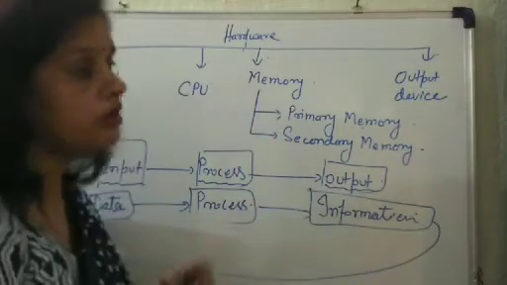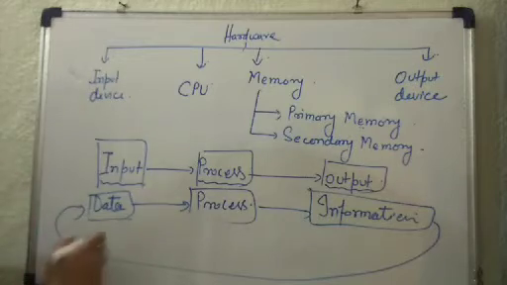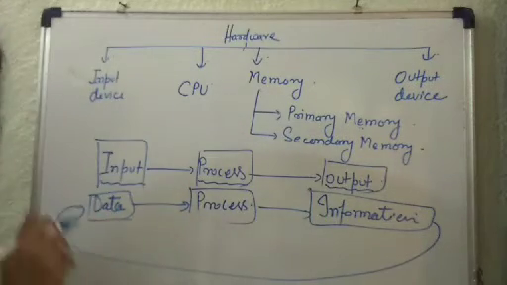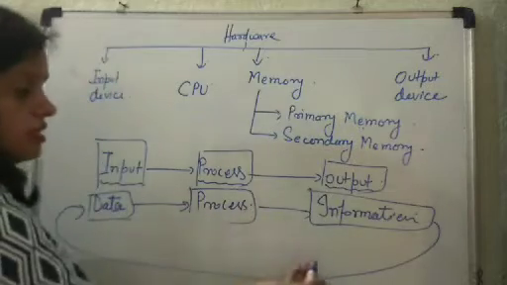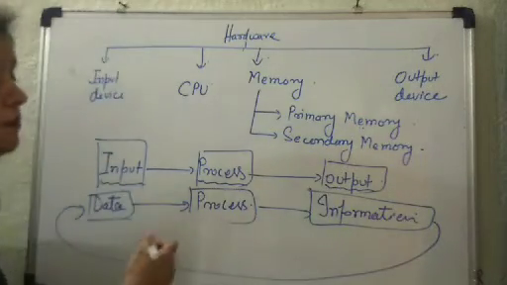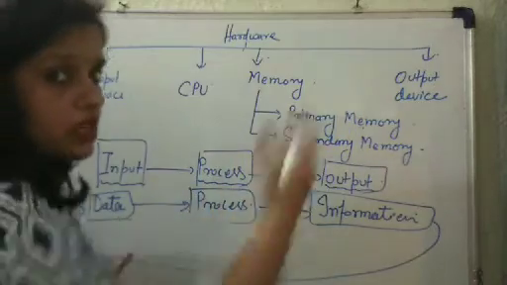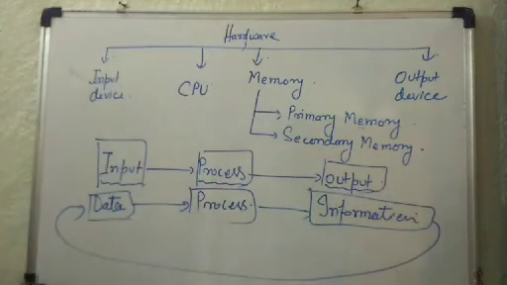So data is never lost, and data and information are interchangeable words. The information you get after processing the data may become data for another information, just like the example I have given you now.